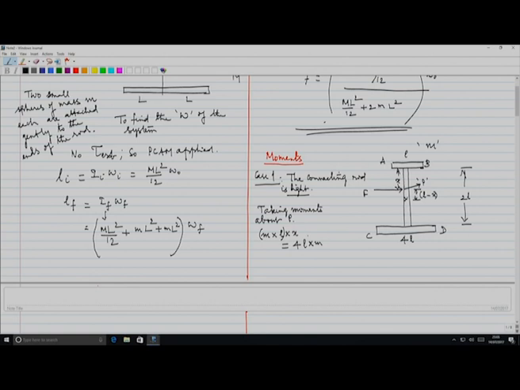Similarly, due to this rod CD, it is 4Lm into the distance. This distance would be 2L minus x. So this implies x is equal to 8L by 5 is equal to 1.6L.